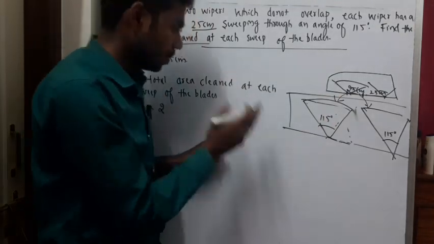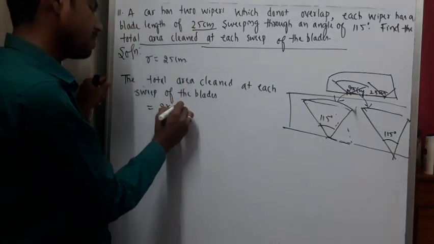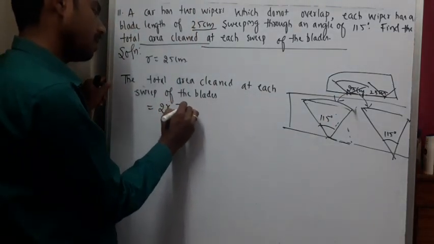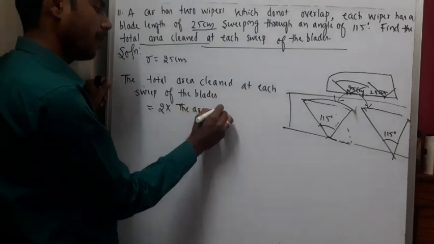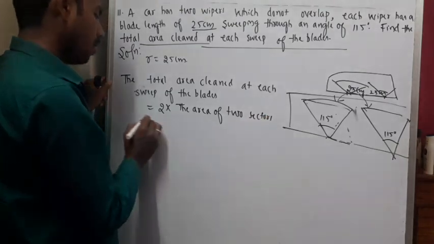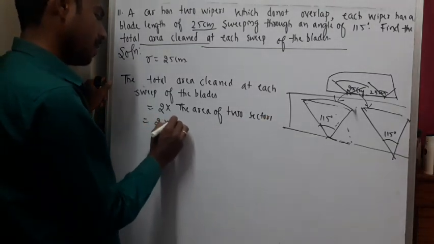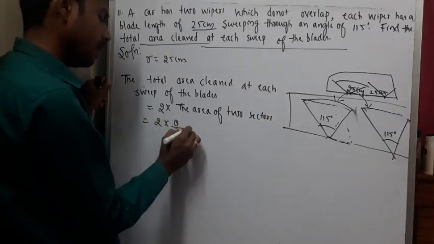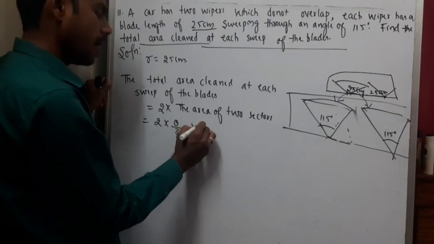Yes or no? So that is equal to 2 into theta divided by 360 degree into pi r square.